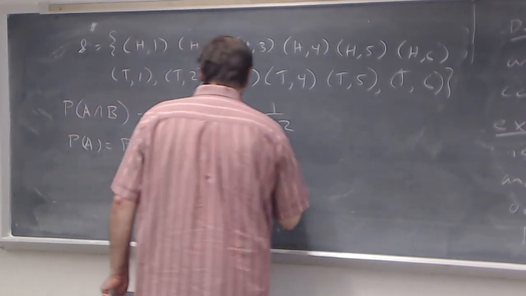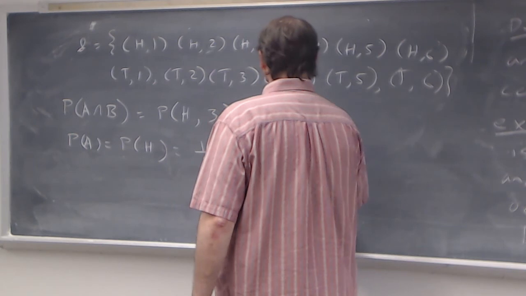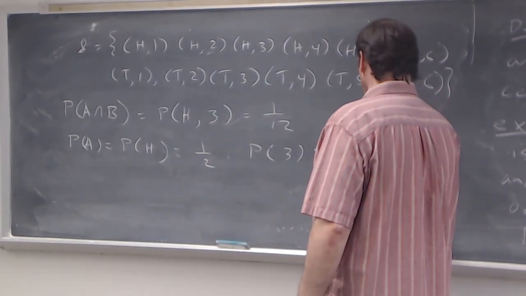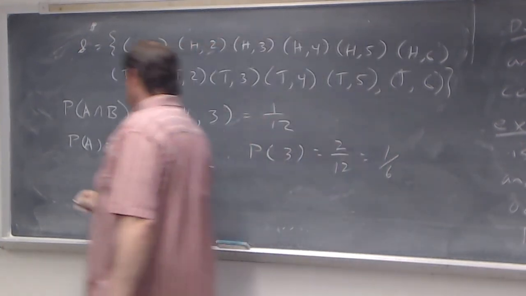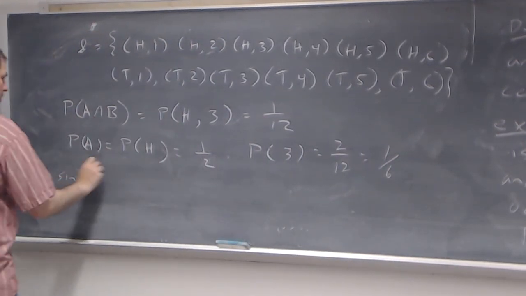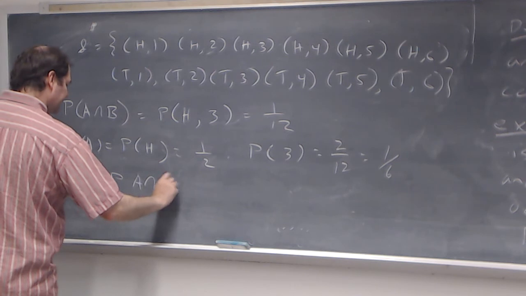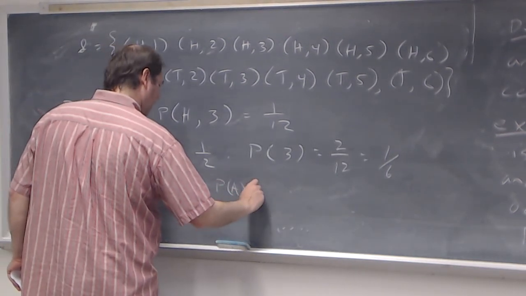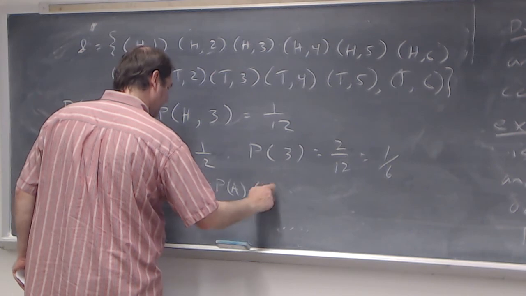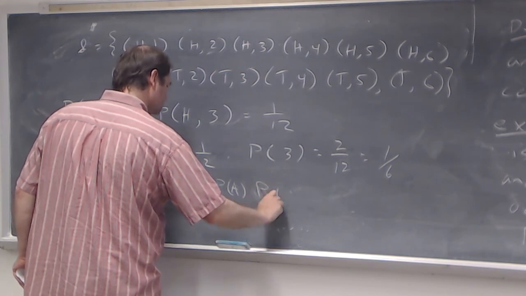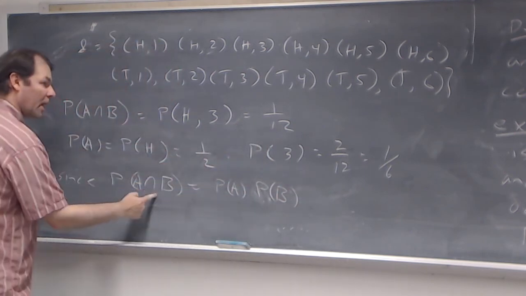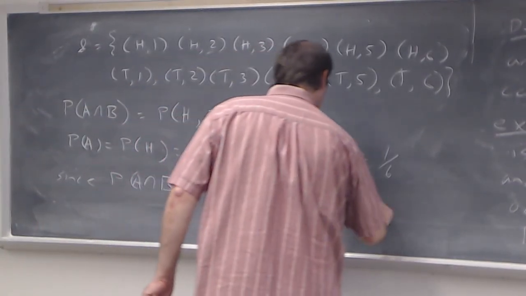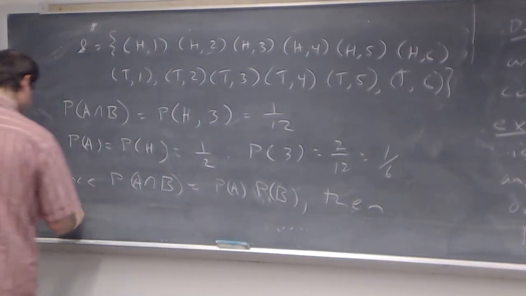The probability of getting a 3 on the die roll, well, that happened twice, so it's 2 out of 12, which is 1/6. So since the probability of A intersect B equals the probability of A times the probability of B, that is, 1/12 is equal to 1/2 times 1/6, then A and B are independent events.